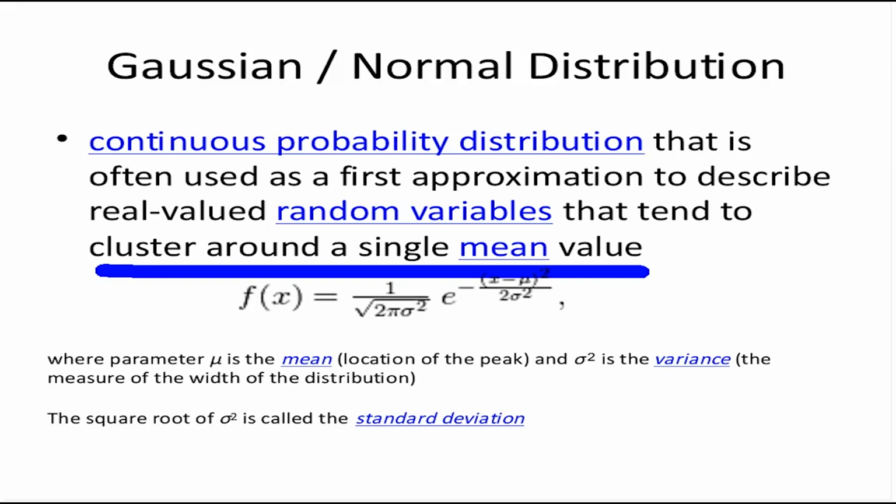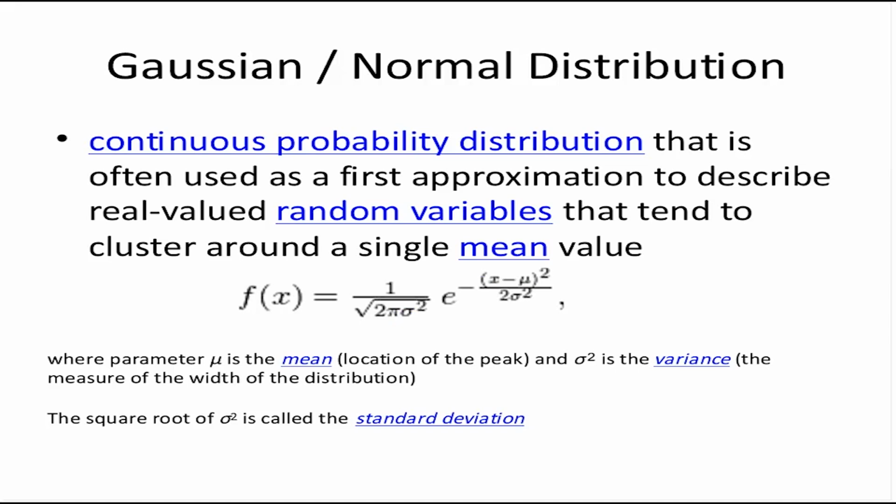The probability distribution formula is 1 by root 2 pi sigma square, e to the power of minus (x minus mu) whole square by 2 sigma square. Sigma is the standard deviation, and mu is the mean. Sigma square is the variance, the measure of width of the distribution. The square root of sigma square is called standard deviation.